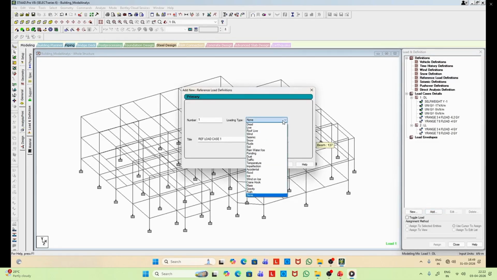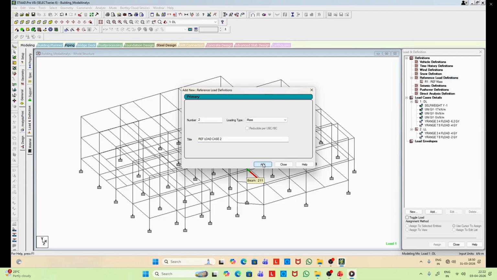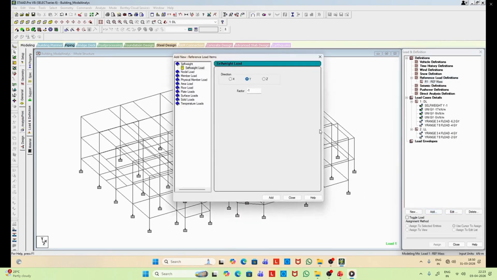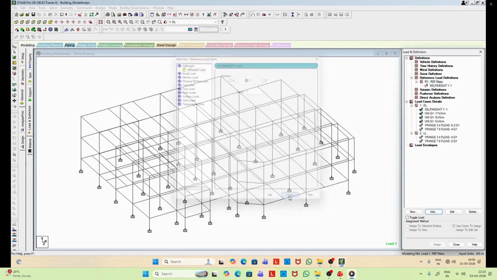So we add the mass, you see, that is the mass of the structure. So reference mass, we need this mass for our modal analysis. Now we need to define it along y, and for this mass, because it is a scalar mass, we don't need to define the direction, so we can remove that.